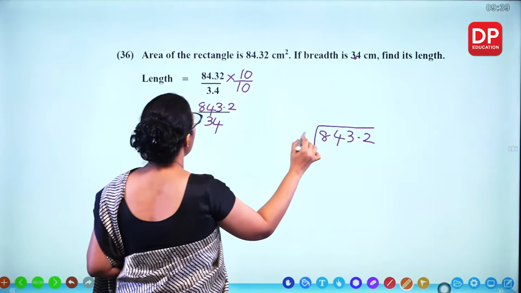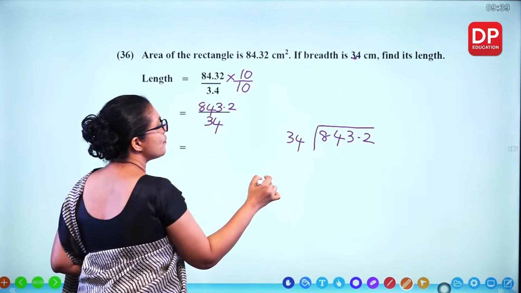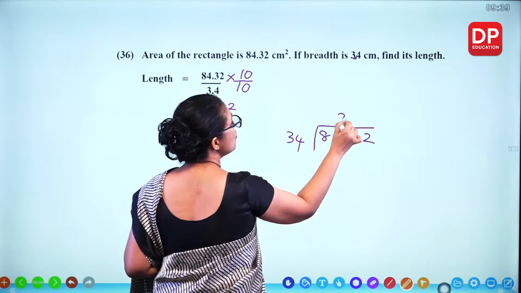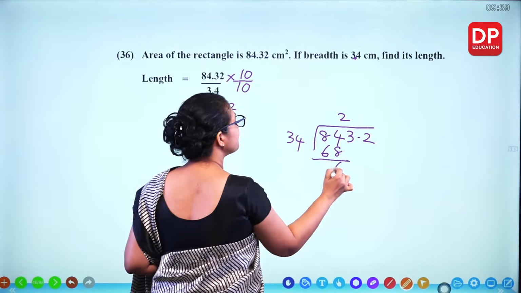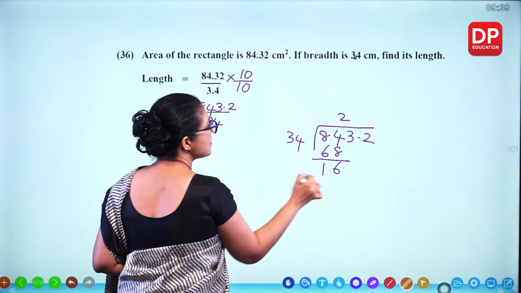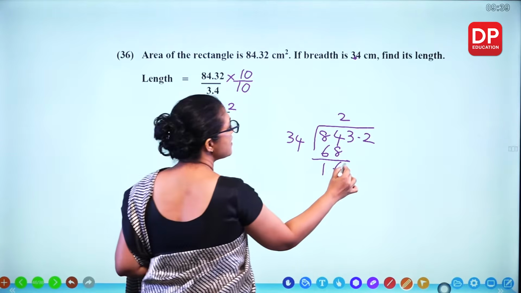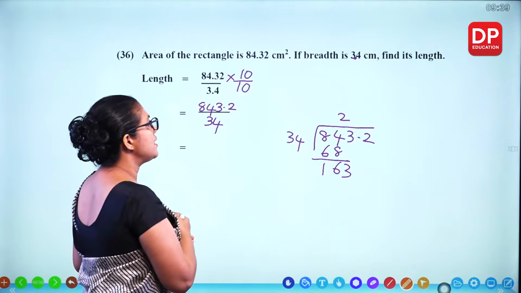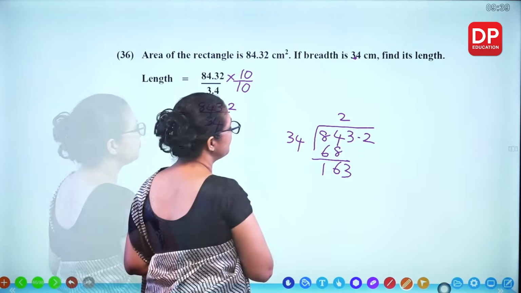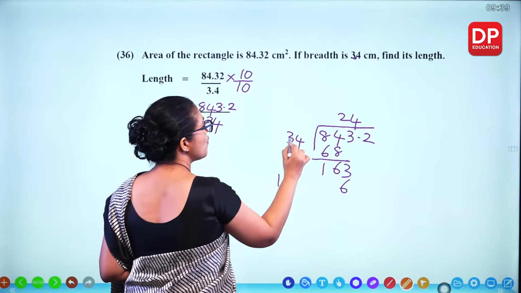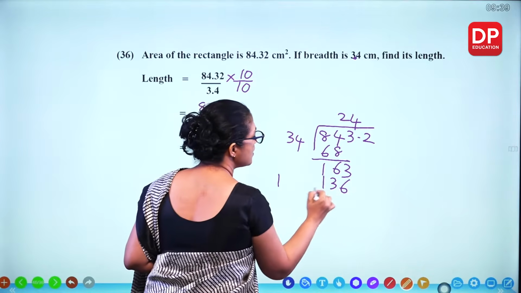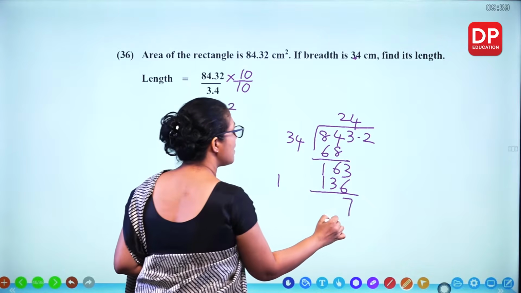843.2 divided by 34. 34 times 2, you get 68. 70, 16 remaining. 163. How many 34s? 4. 4 times 4, 16. 1 remaining. 4 times 3, 12 plus 1, 13. So, you get 7.